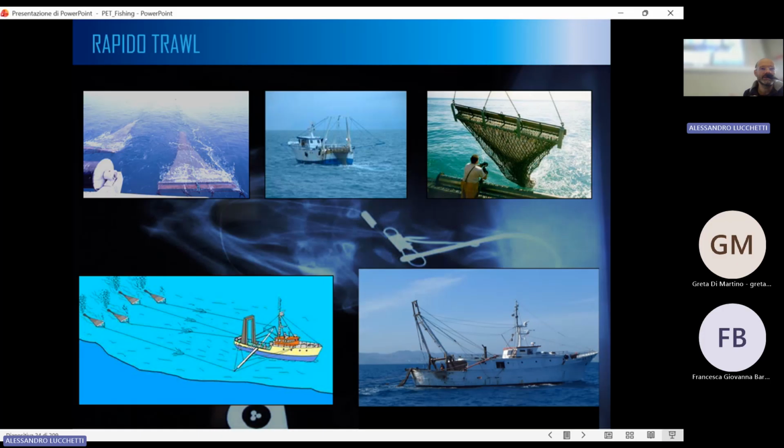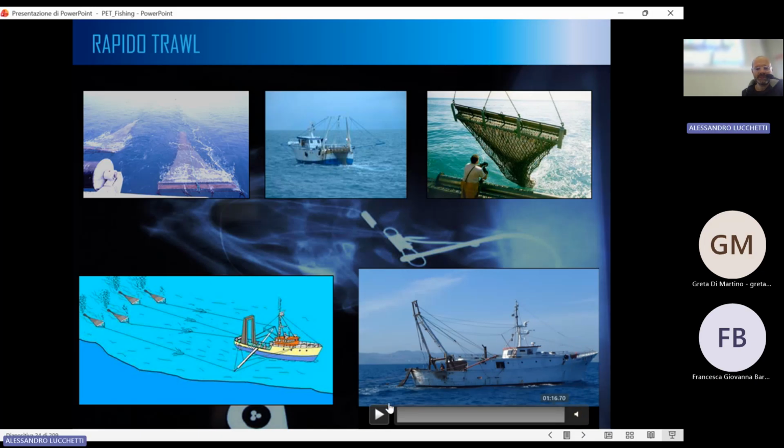All around the world, this is a dredge. If you go in the North Sea, but also in Croatia, this gear is categorized as a dredge because it has a frame with a rake in the lower part. And obviously, this is a gear that has a very strong bottom contact.